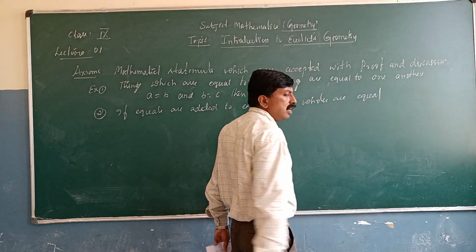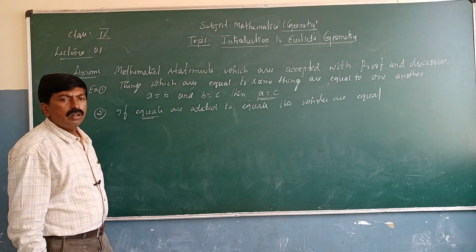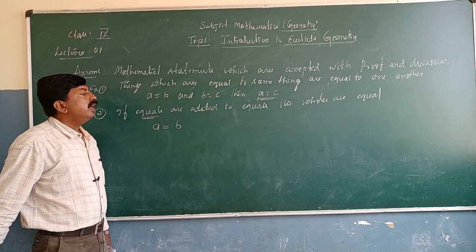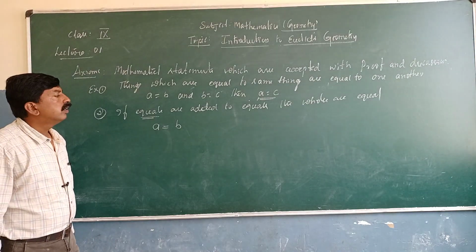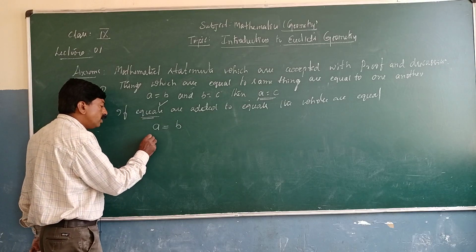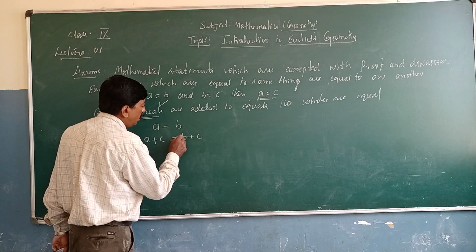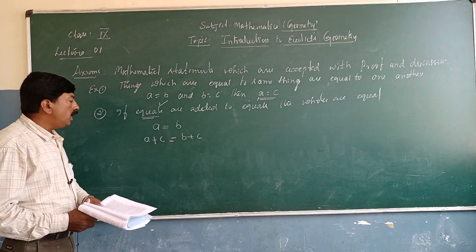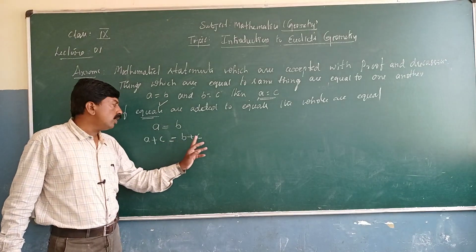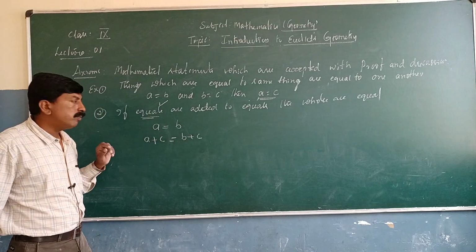Here is another axiom. For example, A is equal to B. A and B are equal. For that you have to add an equal thing. Add C on both sides. A plus C is equal to B plus C. Remember, A is equal to B. We have added C on both sides. The sum is also equal. That is the meaning of this statement.